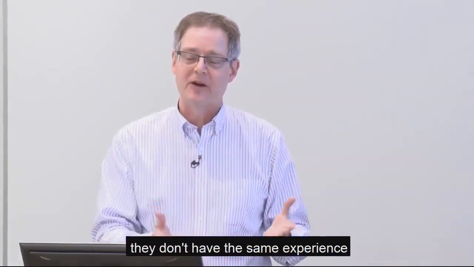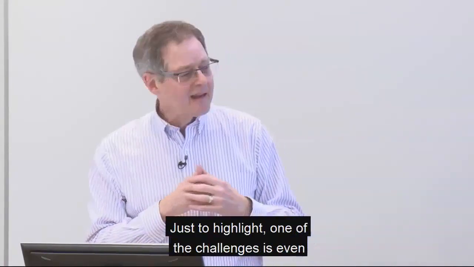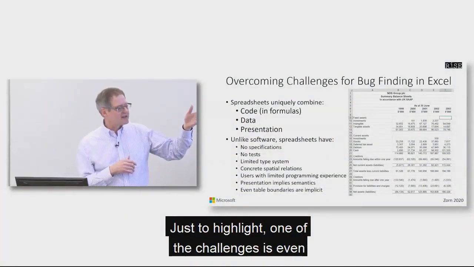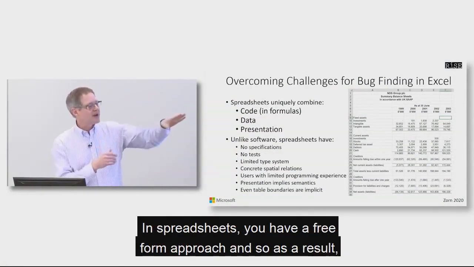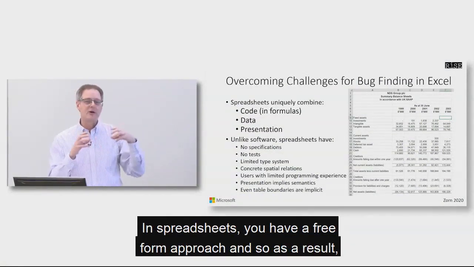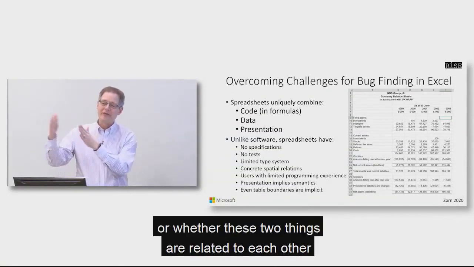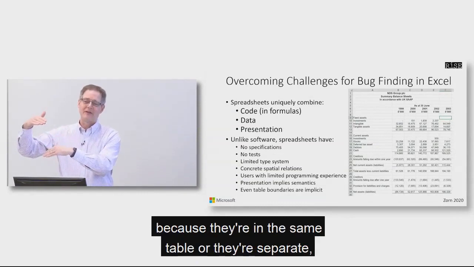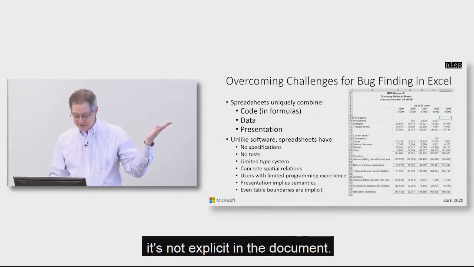They don't have the same experience writing code, debugging, testing, et cetera. And just to highlight one of the challenges, even knowing what data goes with what is a challenge. In spreadsheets, you have a free-form approach, and so as a result, even knowing what the boundaries of, say, a table are, or whether these two things are related to each other because they're in the same table or they're separate, is not a solved problem. It's not explicit in the document.